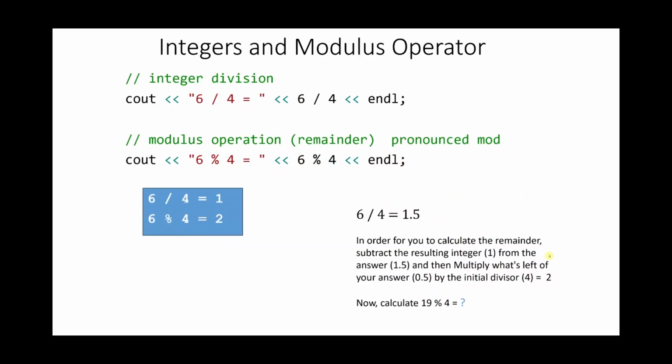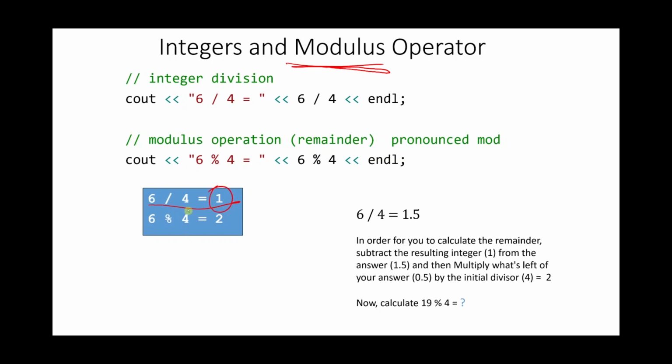Now, we have something called the mod operator, the modulus. The modulus operator is going to give you the remainder. So 6 divided by 4 gives you 1. Remember, that is 1.5, but we get only the whole number part of it.